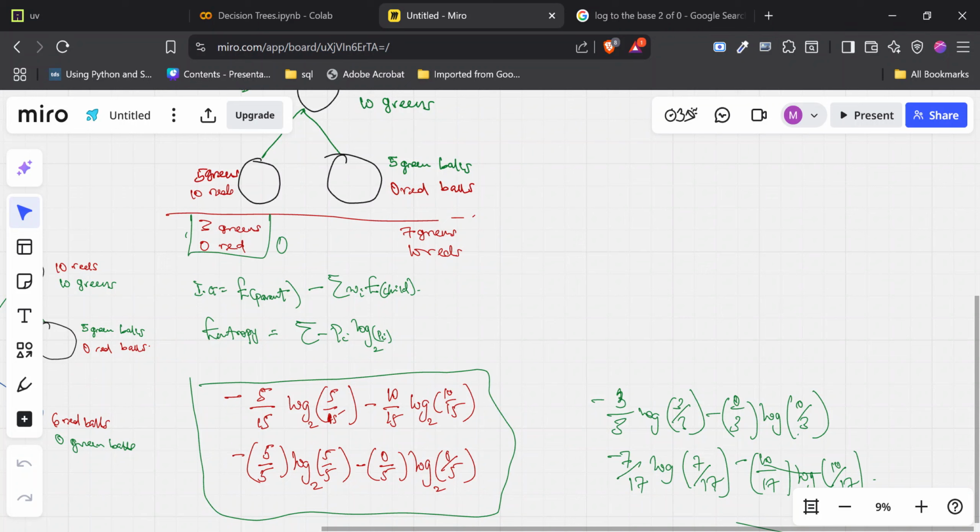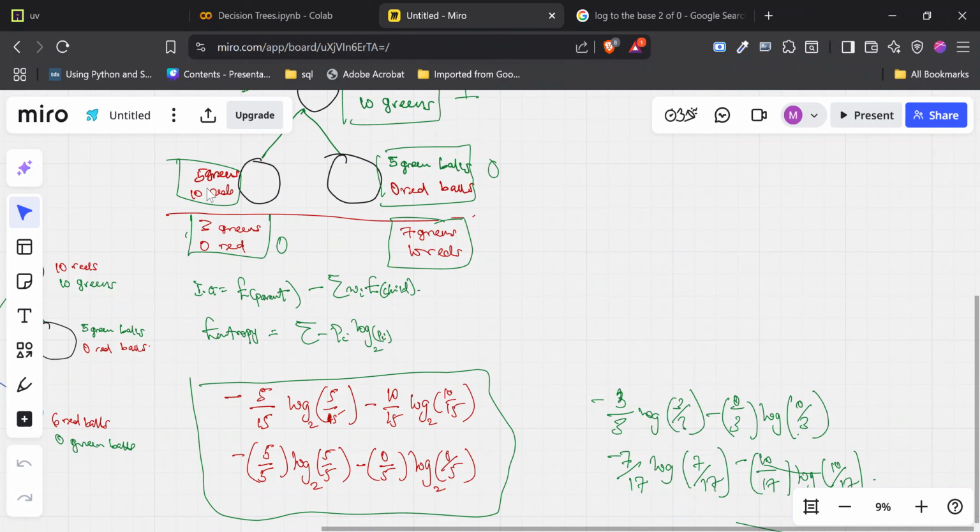Then the entropy for this one is 1. We've seen that. Then the entropy for this one also is going to be 0. And the entropy for this one is yet to be computed. We are going to compute it now. And the entropy for this one, we're going to compute it now. So let's go get those two values.